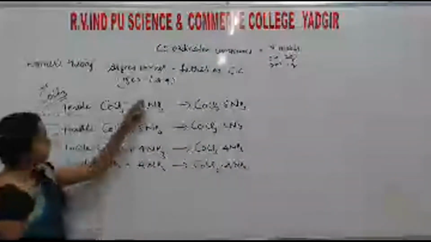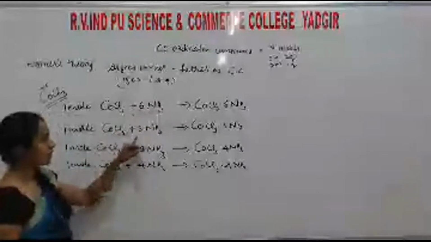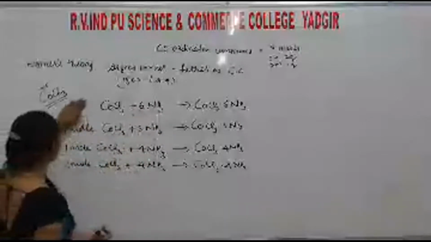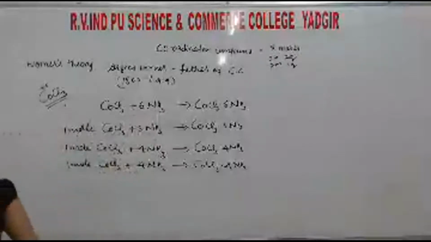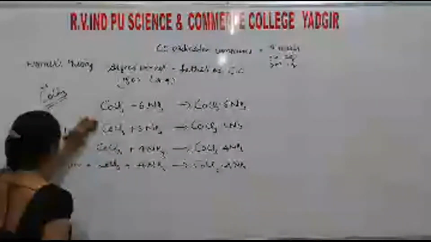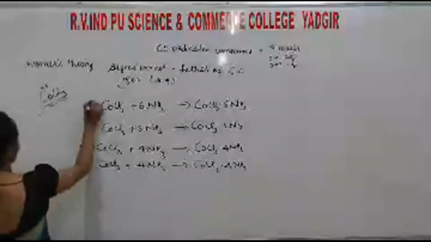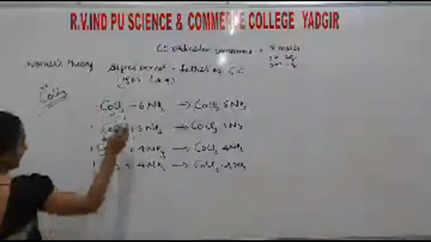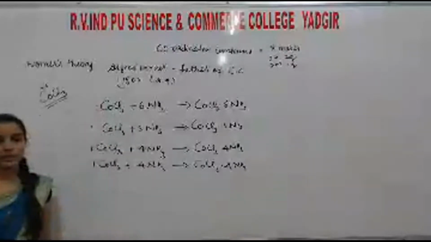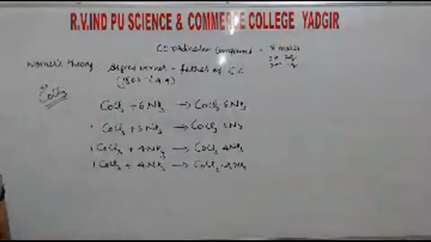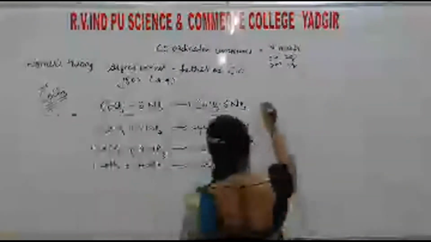This is 1 mole, this is 4 moles. I will simply take 6 moles of NH3 and 5 moles of NH3 like this. So 1 mole of CoCl3 reacts with 6 moles of ammonia, we will get that answer. Okay, students?